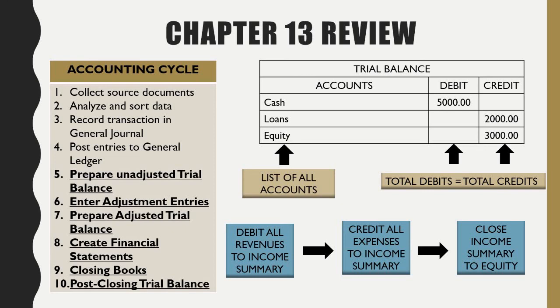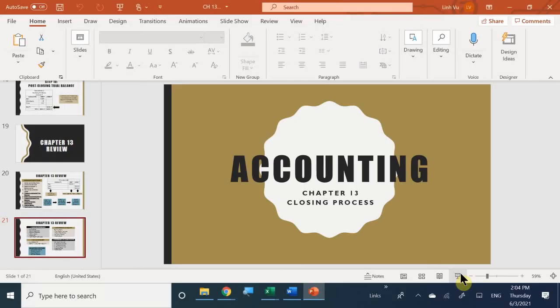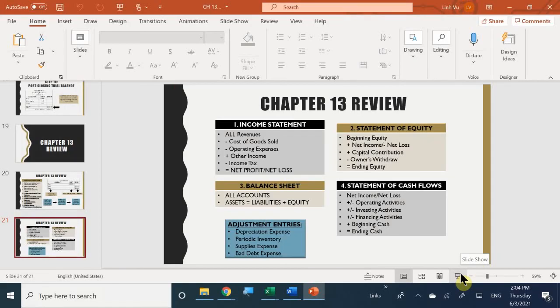So you're going to close that income summary out to your equity. And of course, here are the 4 financial statements and exactly what you need in order to create them. Okay, so again, there they are. And I threw in a couple of adjustment entries that are what we've learned in this class. Okay. So any questions about the closing process?